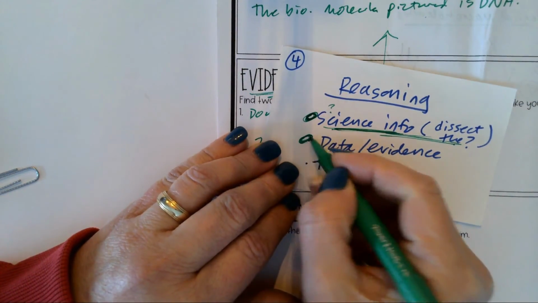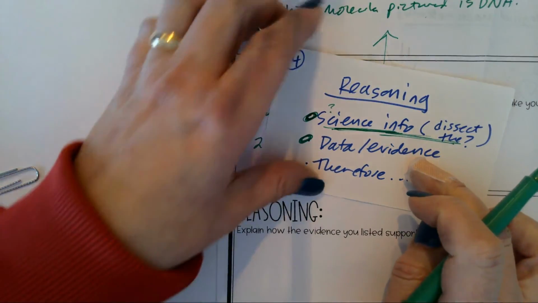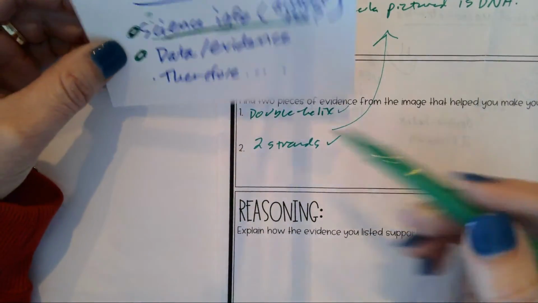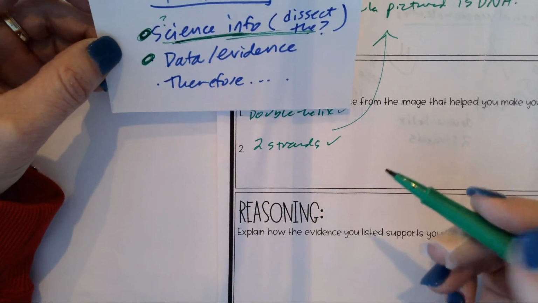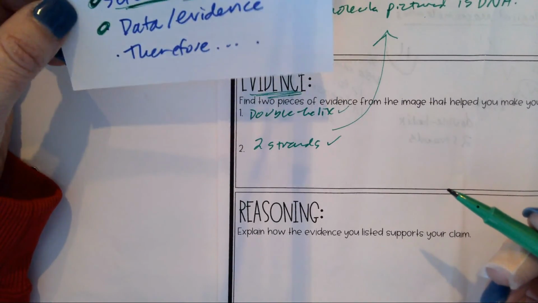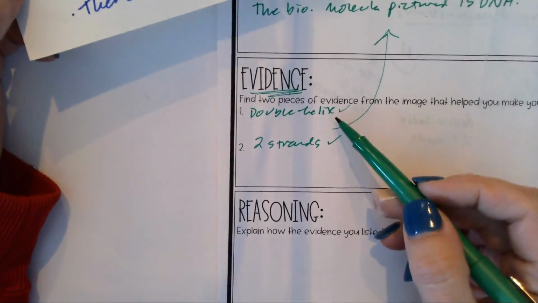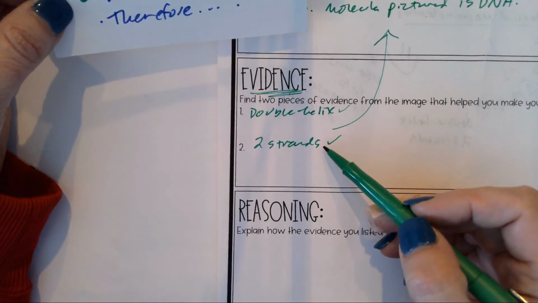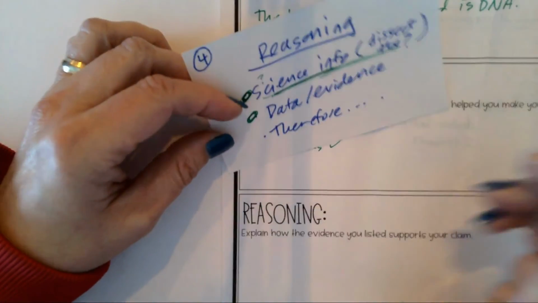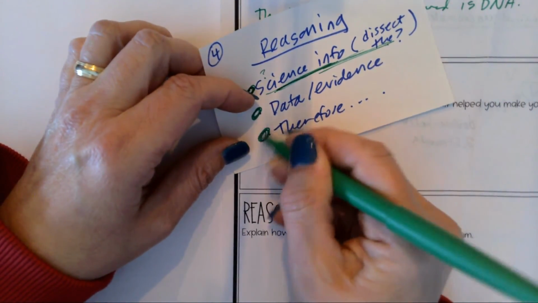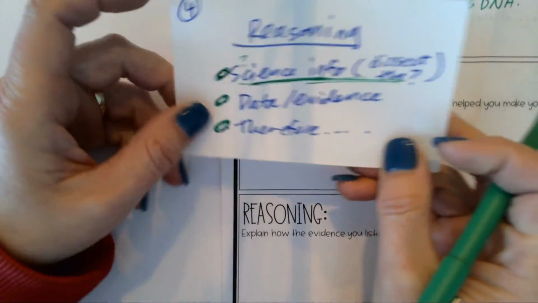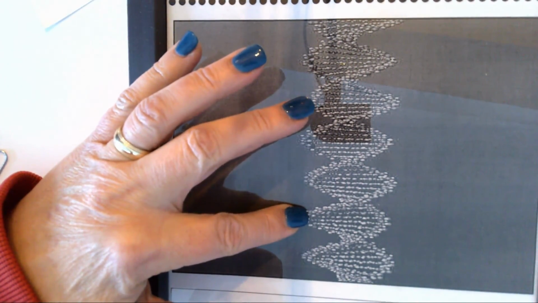Then you want to support that with data. So you would say in your next sentence something like, the image shows a double helical shape and 2 strands. And then you would conclude it with, therefore, the biological molecule pictured is DNA.